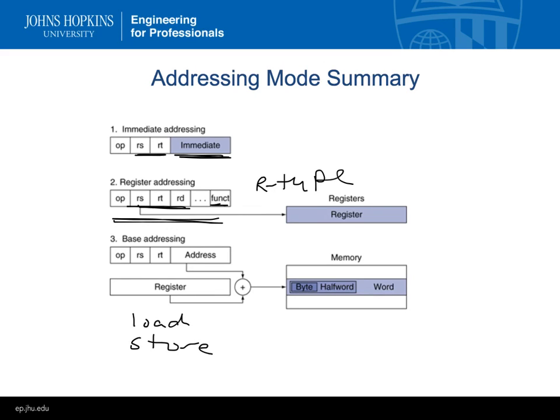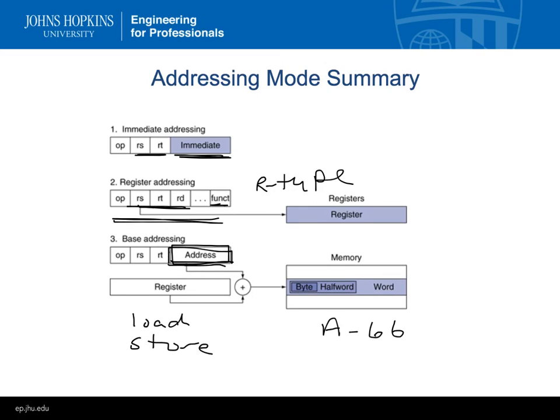You can see load and store starting on page A66, the description of how to turn it from assembly language into machine instructions. There's an offset here in this 16 bits, and you're going to add it. So the register is going to contain the address, and then you're going to add to that this immediate value.